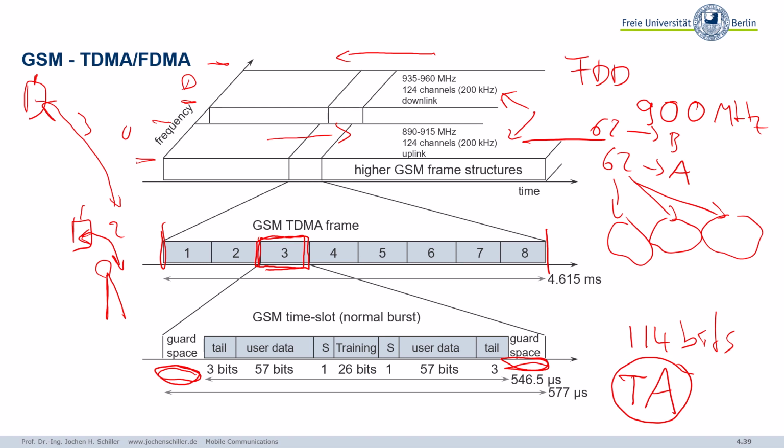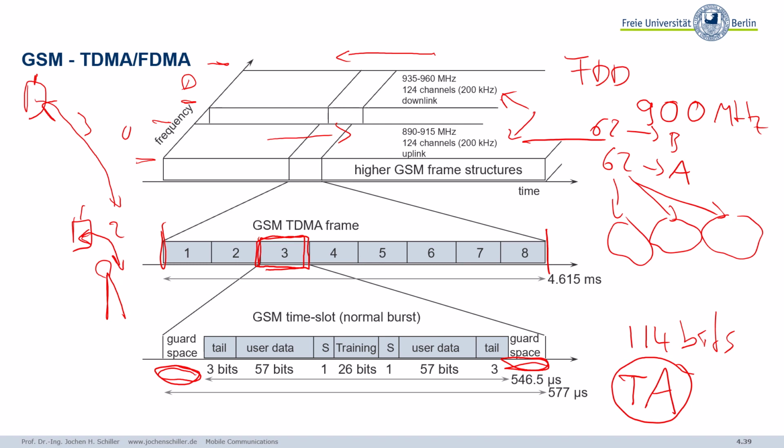So you have to avoid overlapping data. So this has to be precisely synchronized. It's a really strict, simple, fixed TDMA pattern. Okay, that much about guard spaces and time advance fields.